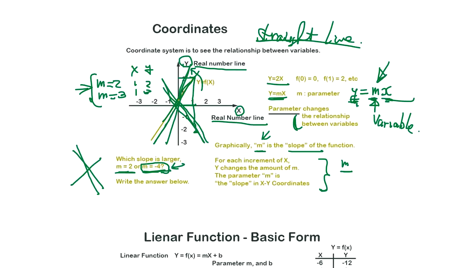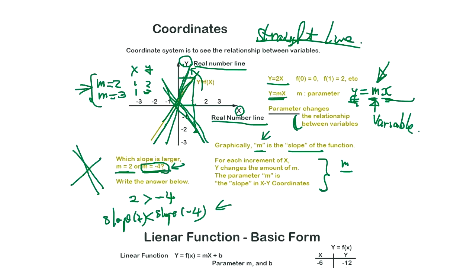Much steeper slope. Okay? We're not talking about which number is larger. Of course, 2 is larger than negative 4. But slope negative 4 is larger than slope 2. Okay?